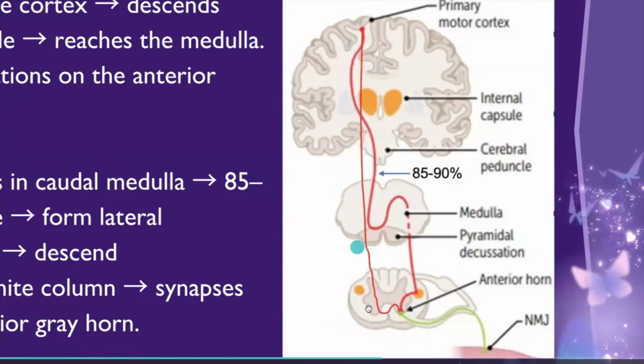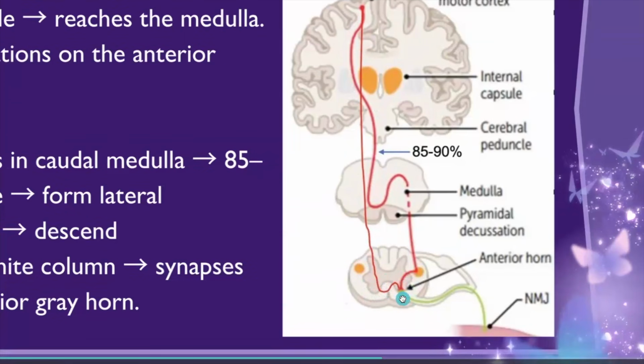So even though they go down ipsilaterally, when they get to the spinal cord level, they also cross the midline. So technically, both of them end up in the same position. All right. Then the axons of the lower motor neuron would go and directly innervate the muscles. I hope that was clear.